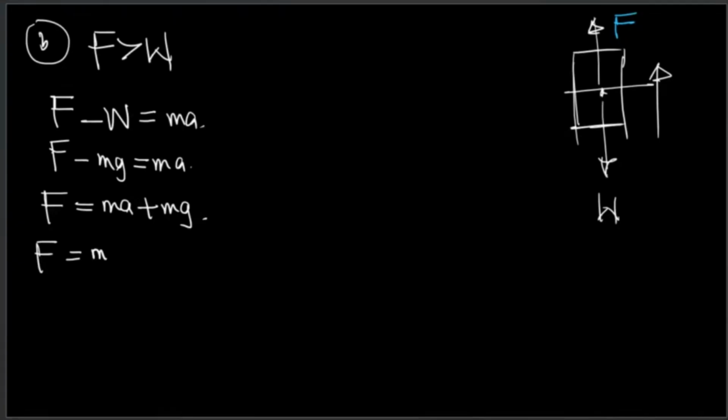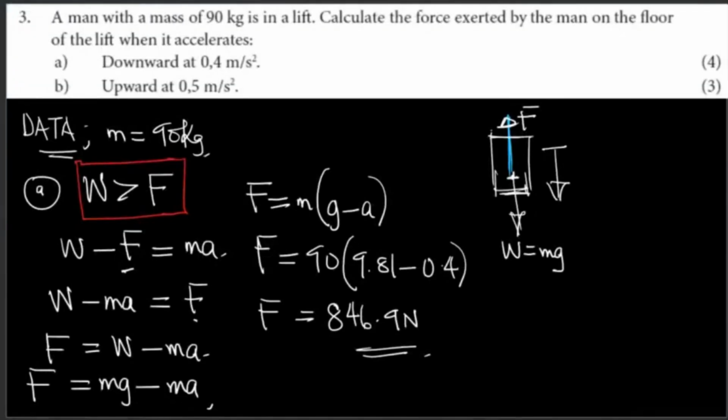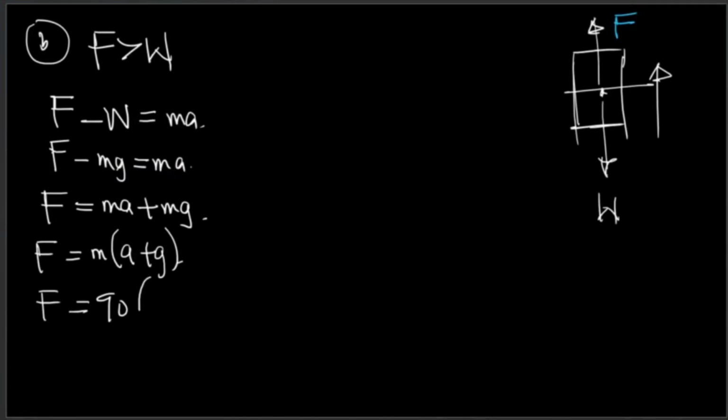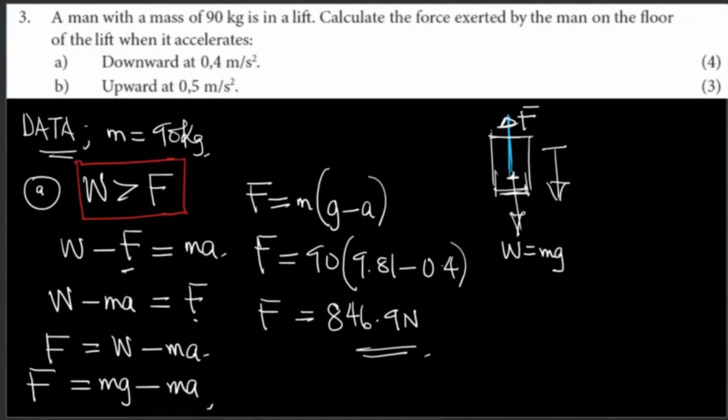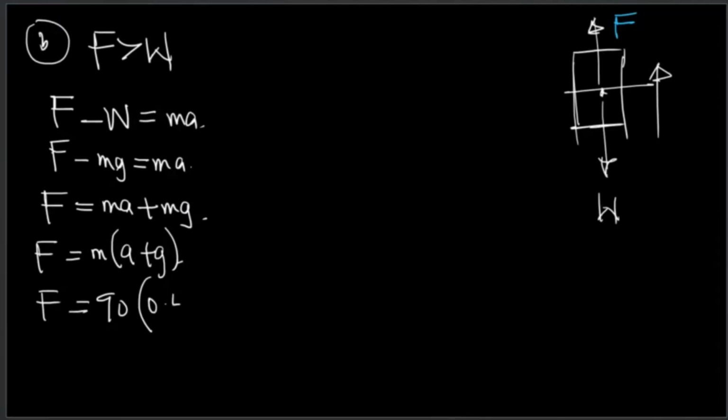So we can write this as m(a plus g). The mass given to us is 90 kilograms, the acceleration is 0.5, they said 0.5 upward. So it's going to be 0.5 plus 9.81. So the force exerted will be 927.9.